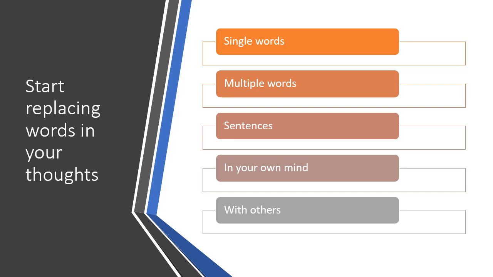The language or bhasha lives in the usage or expression. So we should start replacing those words in order to get comfortable with the new language and also increase our vocabulary.